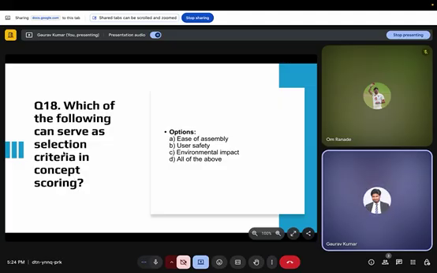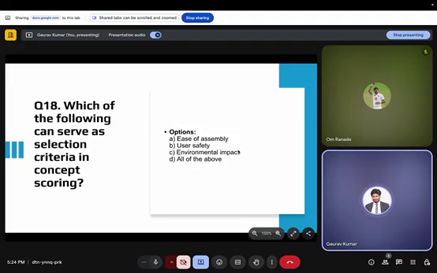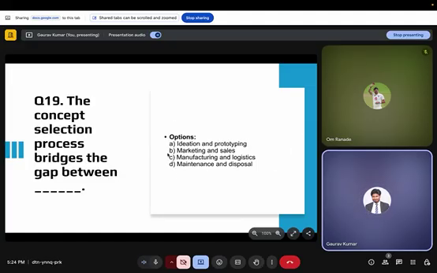Okay, now moving towards the next question. So D, all of the above, is the right answer. Question number 19. The concept selection process bridges the gap between dash.